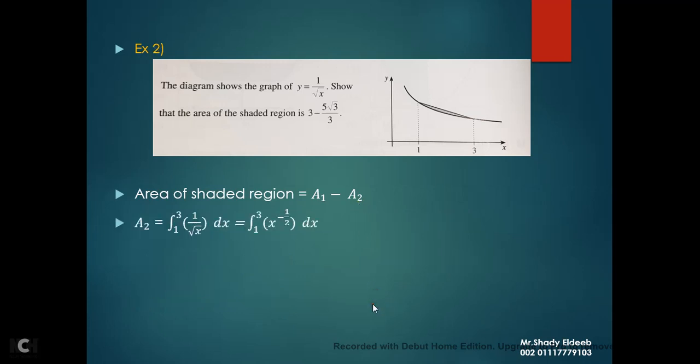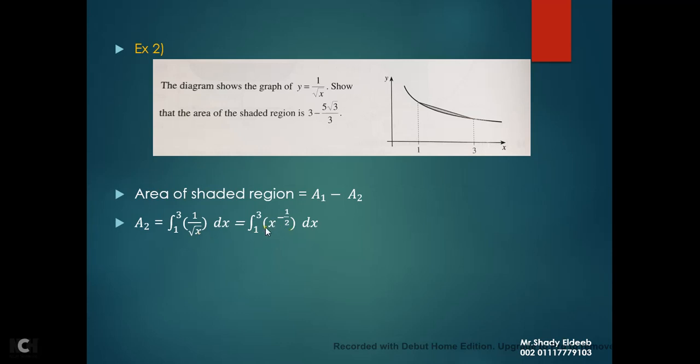Area 2 is the area under the graph, so we must integrate the function y equals 1 over root x, like that. A2 is the integral of the function 1 over root x from 1 to 3 dx. 1 over root x means x to the power negative half, because root x is x to the power half, but this is in the denominator.